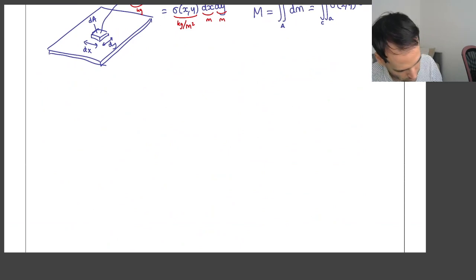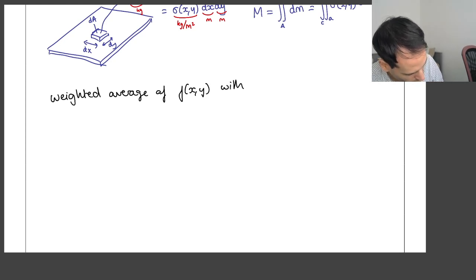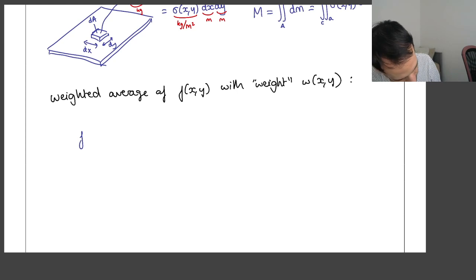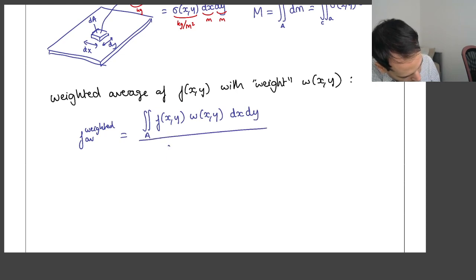So for example, the weighted average of a function f of x and y with weights w of x and y will be calculated as the weighted average of f is equal to the double integral on a certain area of f(x,y) times w(x,y) dx dy divided by the double integral on the same area of just the weights.